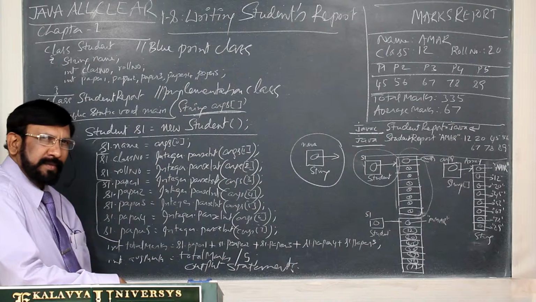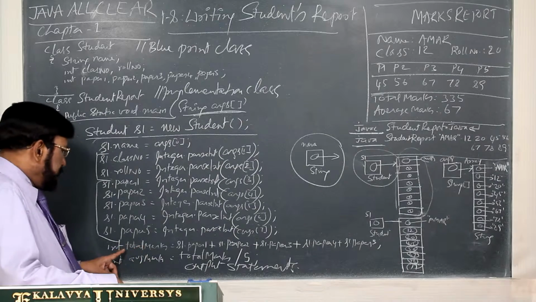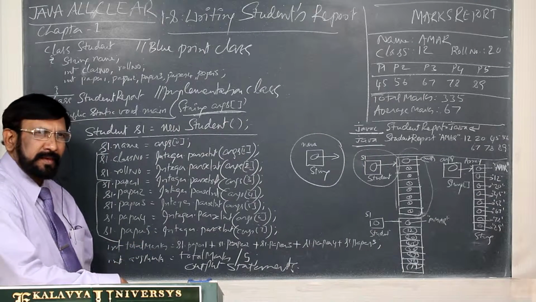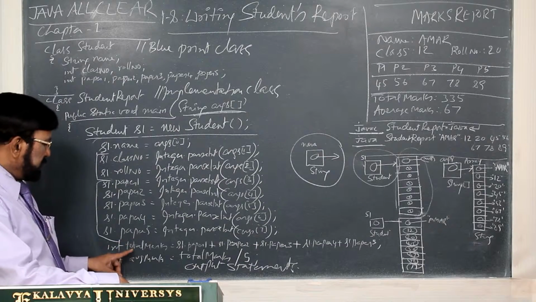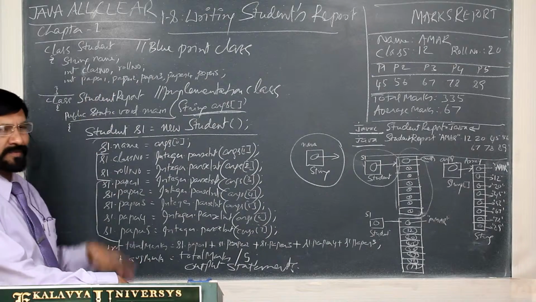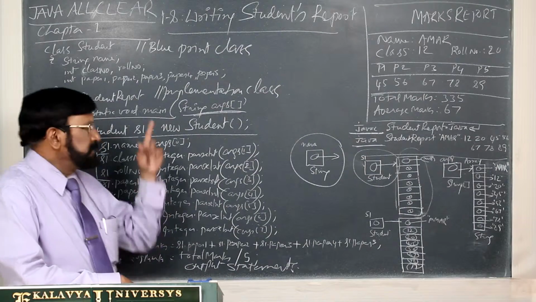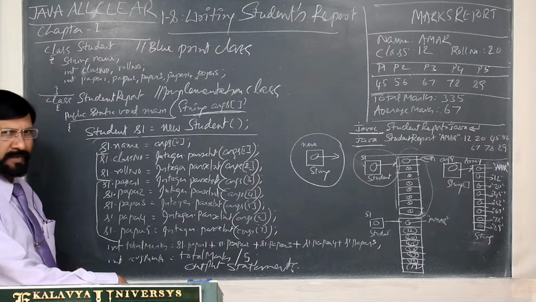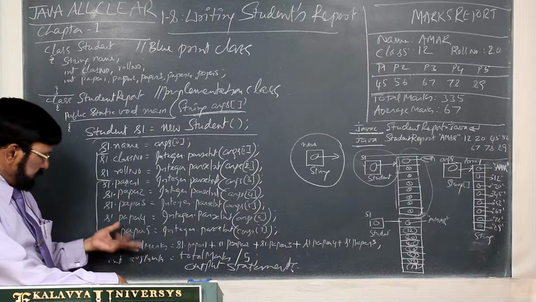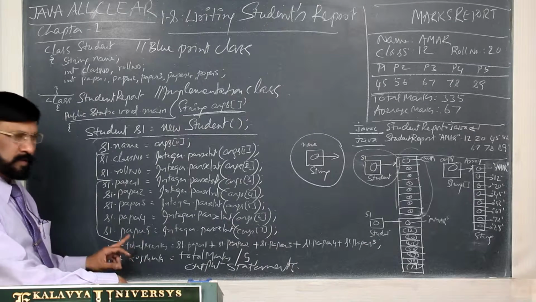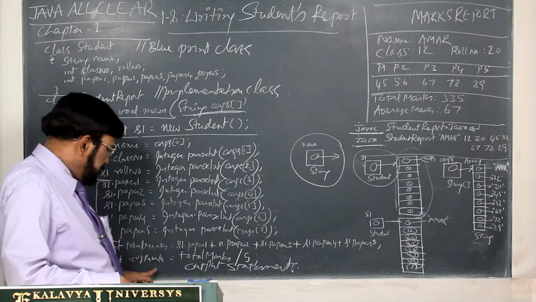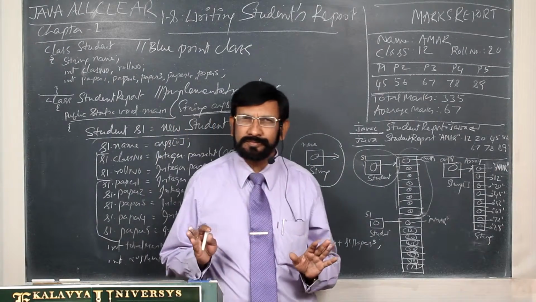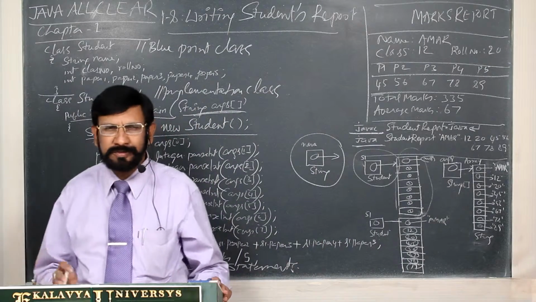Here one thing you remember: we are not writing s1.totalMarks or s1.averageMarks, the reason being we didn't define them as instance variables. If you define them as instance variables, you have to write s1.totalMarks and s1.averageMarks. So we are simply writing in main, total marks and average marks. Now all the variables are filled with values.